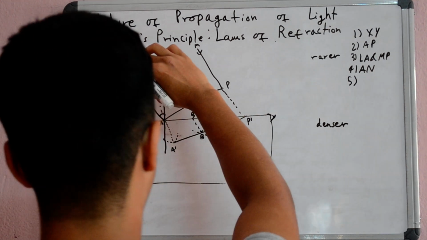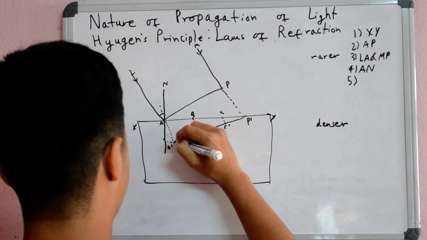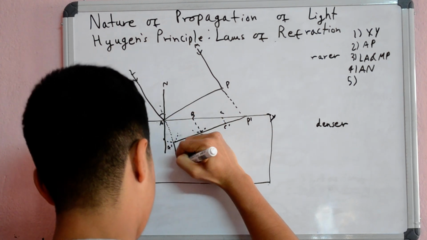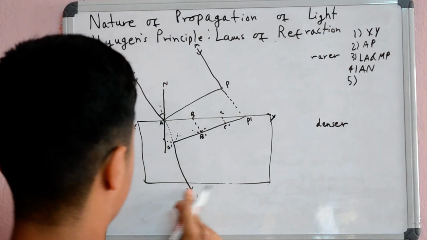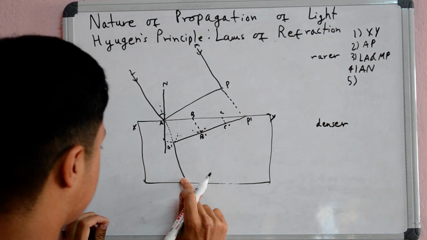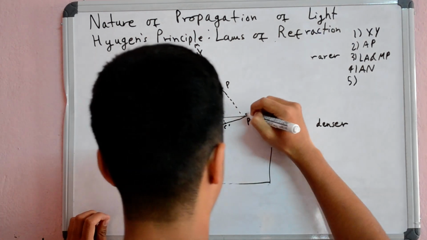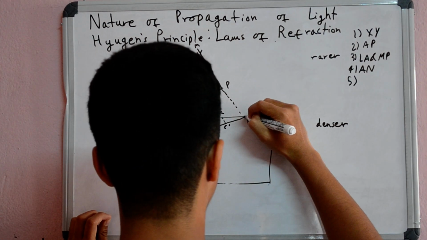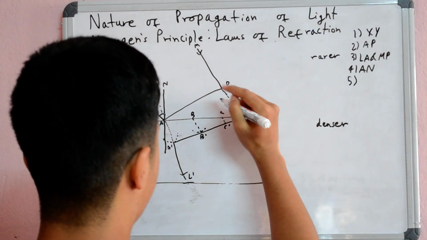Now here, let's make our rays of light. So here, like this. Sorry, not outside. I'll make it inside the figure. L dash, and here this also bends towards the normal, right?